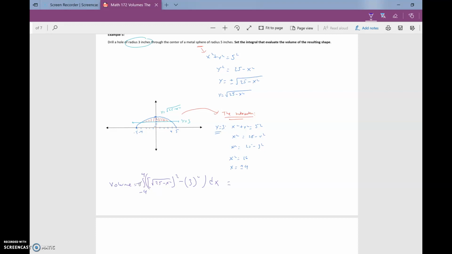And I forgot the pi. So we're talking about pi times the integral from negative 4 to 4 of 25 minus x squared minus 9 dx.